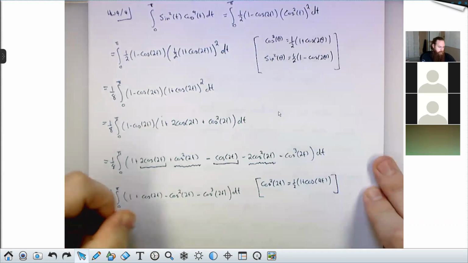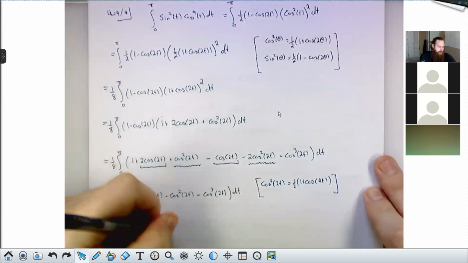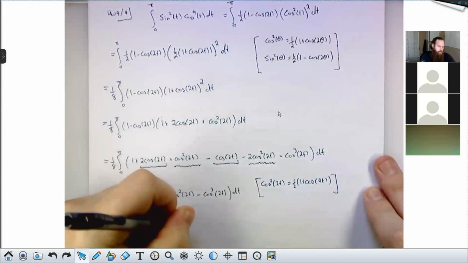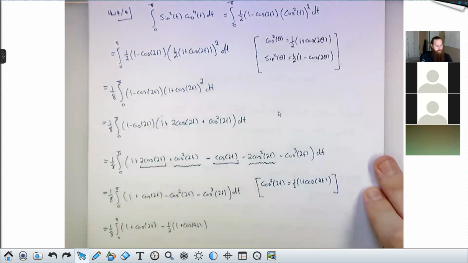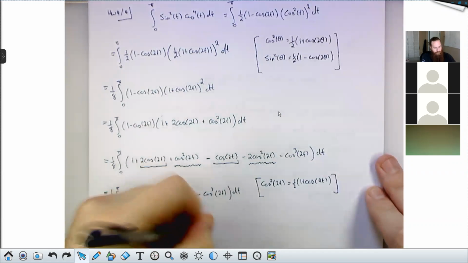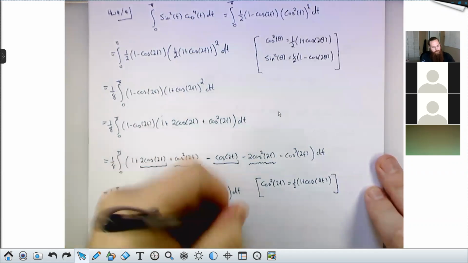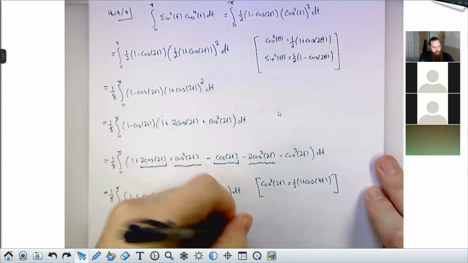So I'll have 1 plus cos 2t minus 1/2 times 1 plus cos 4t. There's that modified half angle. And then I peel off the integral of cos cubed.